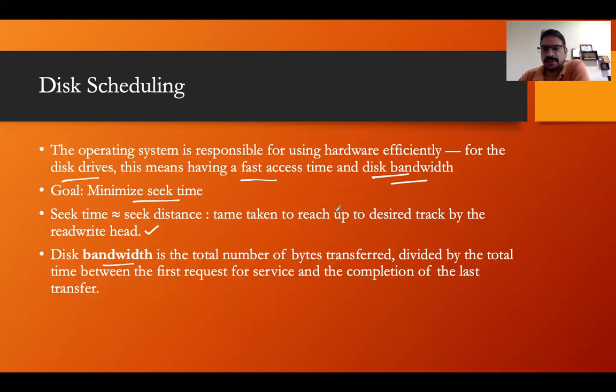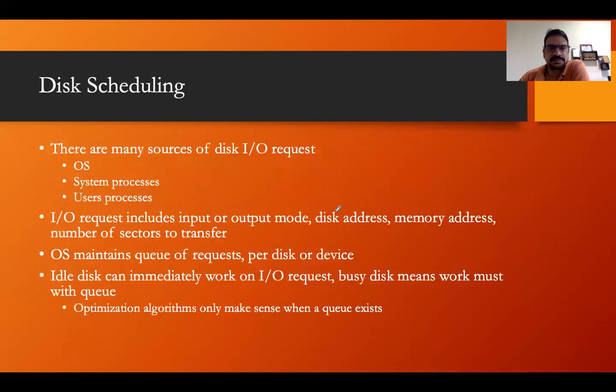To reach that particular algorithm, we'll see some more concepts related to disk scheduling. There are many sources of I/O requests, right? An input-output request could be from many sources. The operating system can initiate the request, or system processes may request, or user processes may request the I/O.